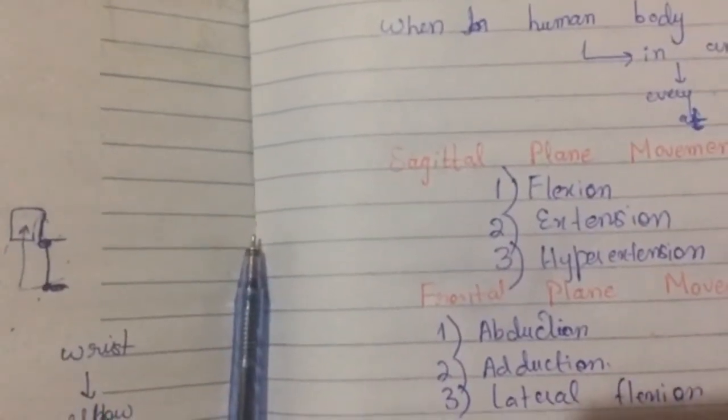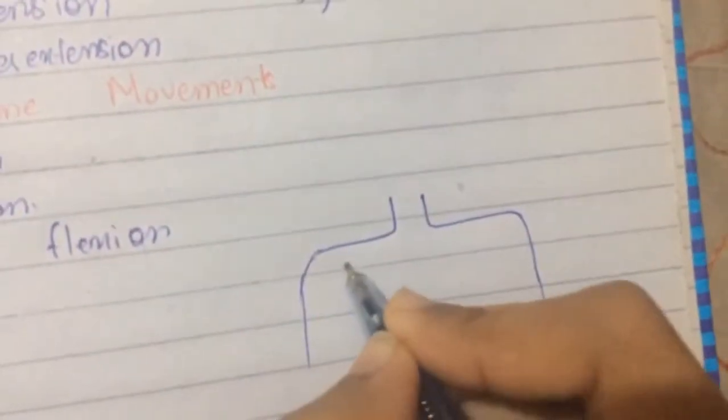Other examples are these. First we have to draw the person's shoulder like that. This is the shoulder, this is the arm.